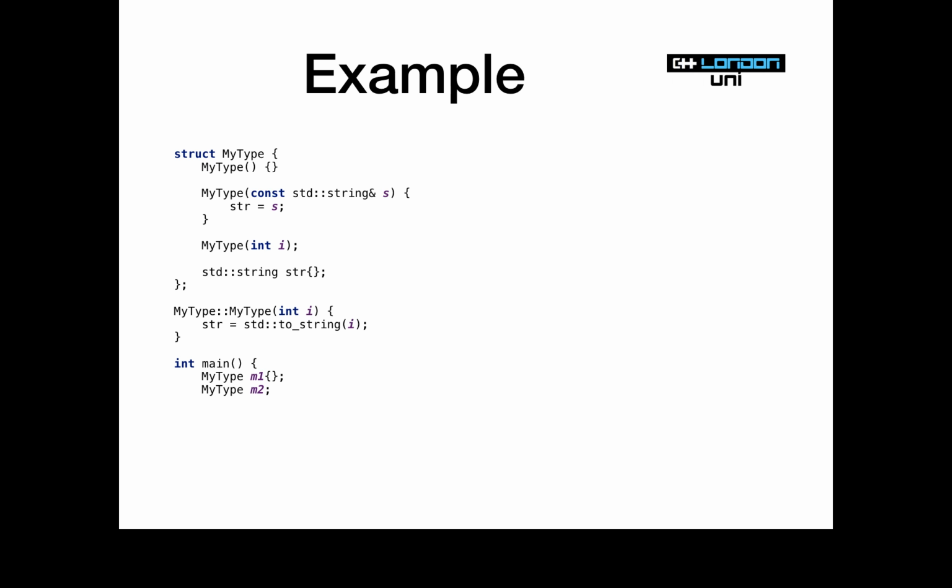It's the same, exactly. So here, this is going to do exactly the same as M1. It's going to call this thing we call the default constructor. So I'll say it again in a minute, but the constructor that takes no arguments is called the default constructor. So in this case, we can get away with not providing the empty braces. These two things do exactly the same.